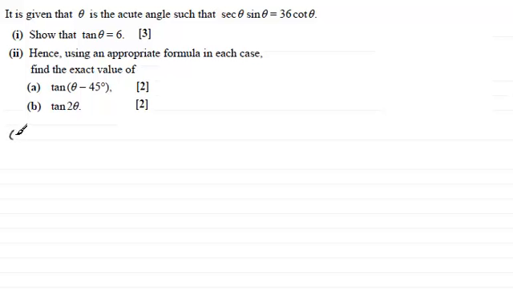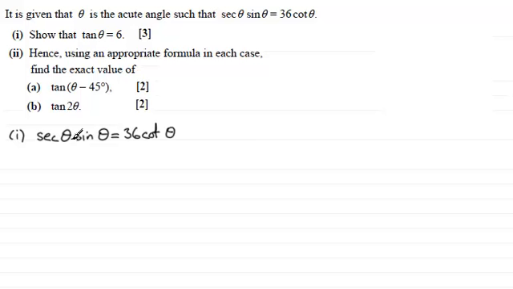So first of all, for part 1 then, let's just write down what we're given here. That is that sec theta multiplied by sine of theta equals 36 cot theta. Now we've got to show that tan theta equals 6.